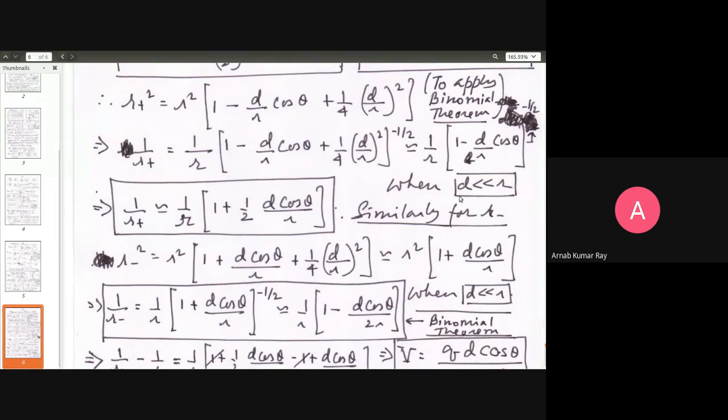Suppose you take the number 2. 2 is greater than 1, right? So the first power of 2 is 2. 2 raised to 1 is 2. The second power of 2 is 4. The third power of 2, 2 to the power of 3, is 8. 2 cubed is 8.